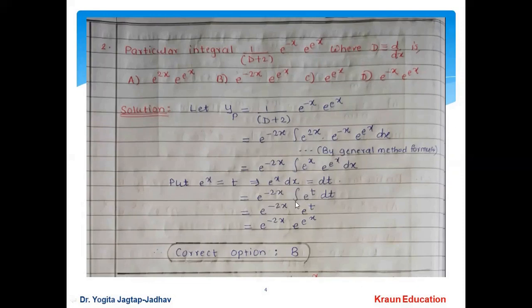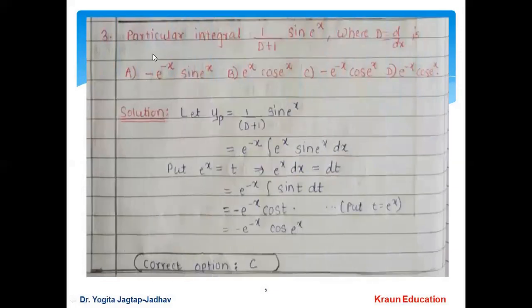Therefore, we have integration of e raised to t dt. Again, integration of e raised to t is e raised to t. After substitution of t equals e raised to x, we get yp is equal to e raised to minus 2x into e raised to x. Therefore, option B is the correct option.